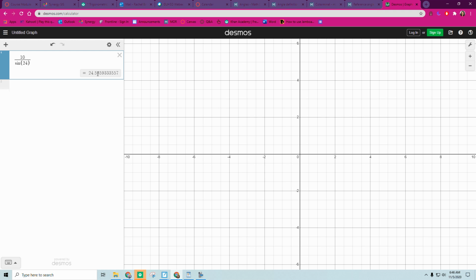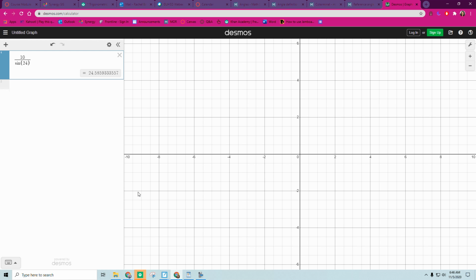All right, so there is our answer. So 10 divided by sine of 24 turns into 24.585. I'm going to round just to the nearest tenth, and that should be fine. So 24.6, and it'll depend on the problem, like the ones that are in Khan Academy or Canvas.